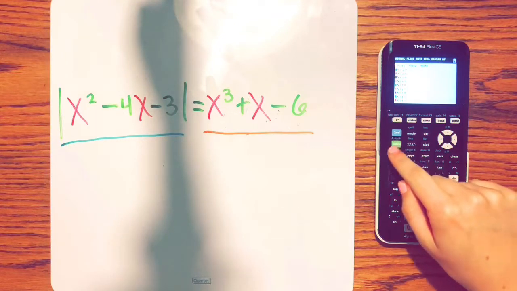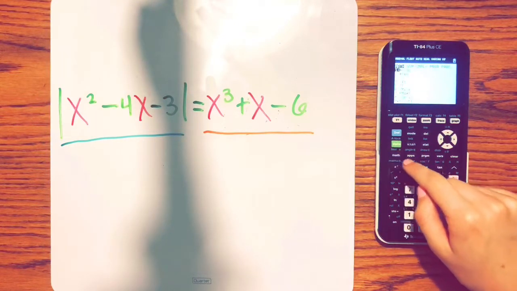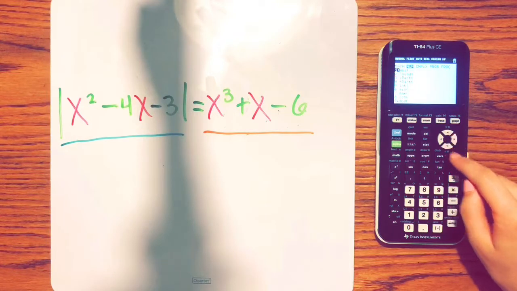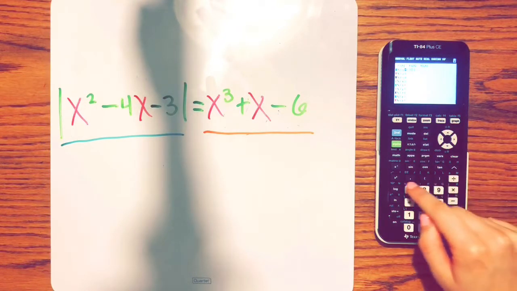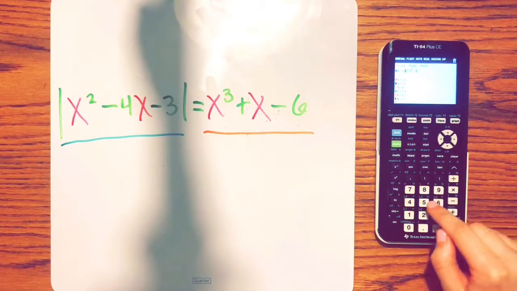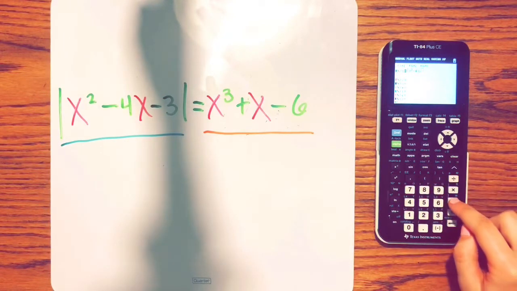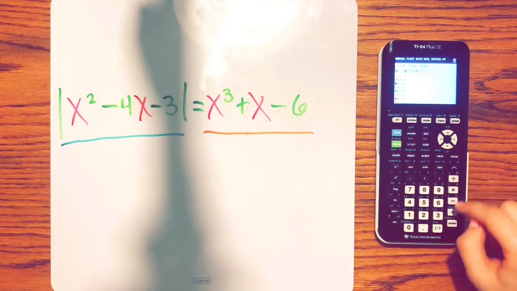To solve this equation, you will enter both sides of the equation into a y equals at the top left of your calculator. The first y equals will be the left side of your equation. The second y equals will be the right side of your equation.